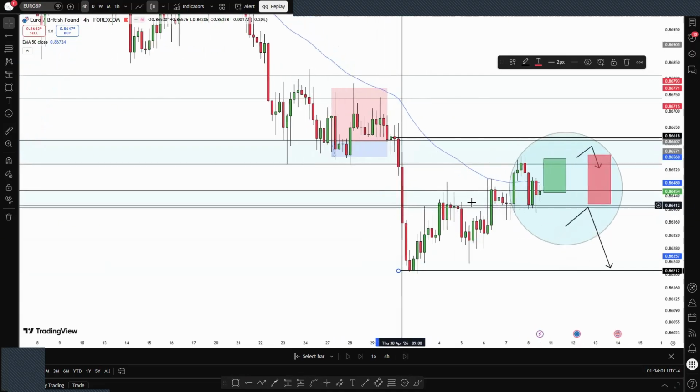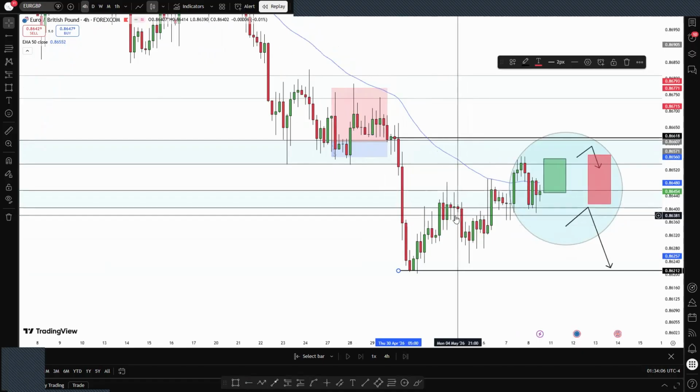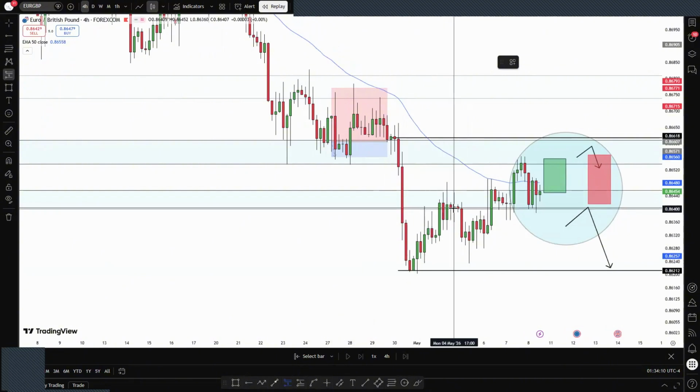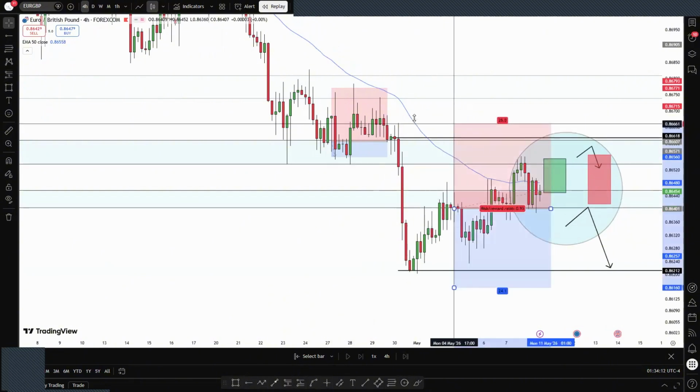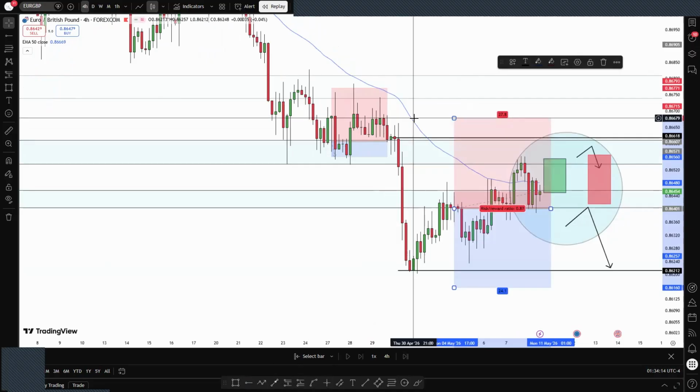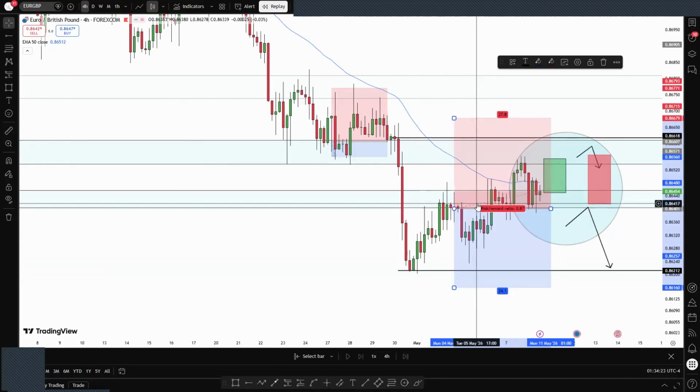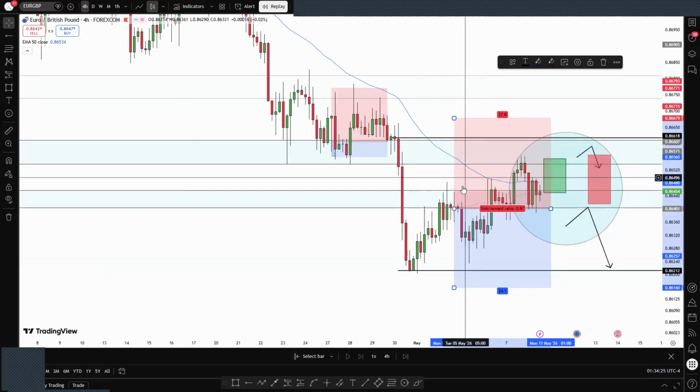If I sell at this level, my stop loss will have to be all the way up here. It has to be all the way up here for this pair only, because I'll show you another pair where I can sell from this level, but with this pair I can't.